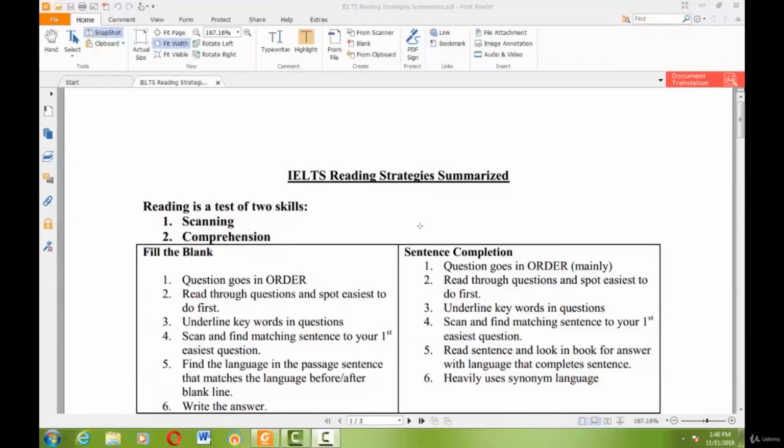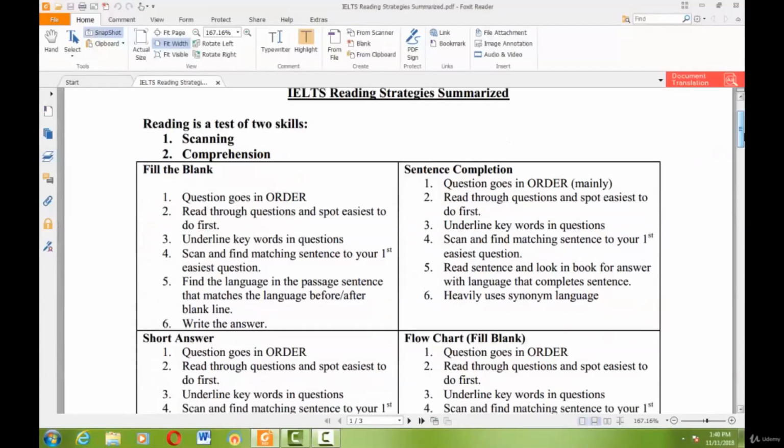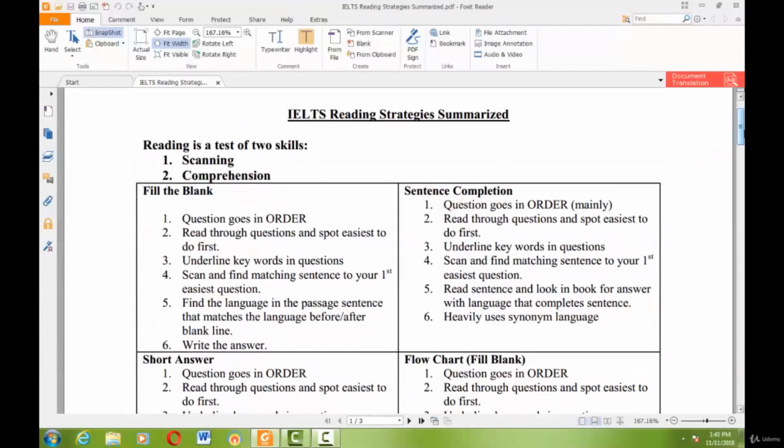And so when we talk about the different question types, to start off, before we go to review that, the reading section is really a combination of two real skills: scanning and comprehension. When I talk about comprehension, of course, you have the sentences within the passage and the questions, but I'm also including synonym language, because the IELTS reading is all about vocabulary and synonym language.